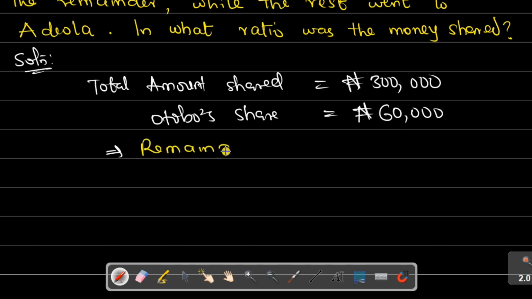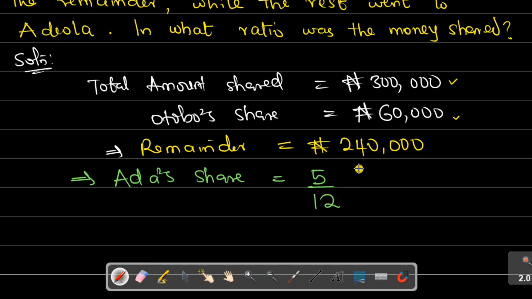When you remove the first person's share, it will be 300,000 minus 60,000, and that gives us 240,000 naira.